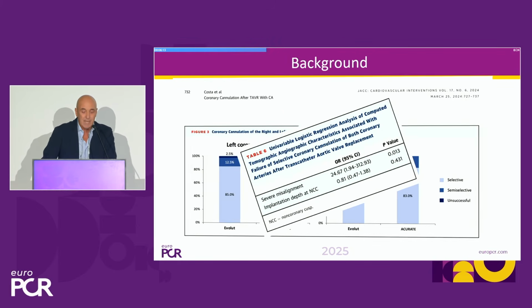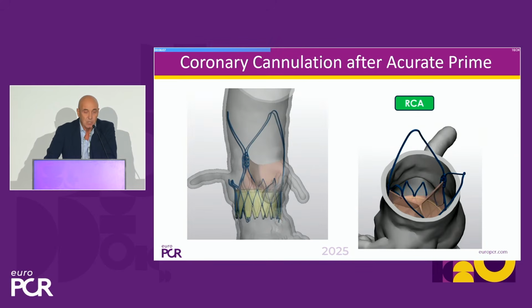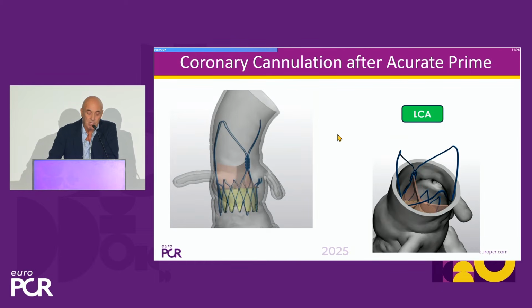So let's have a look at the case performed in Liverpool. This is the fluoroscopy, and this is the reconstruction with the simulation system. You see how clearly we can have a look at the right coronary, the perfect orientation of the valve, and we also have a nice orientation of the valve for the cannulation of the left.